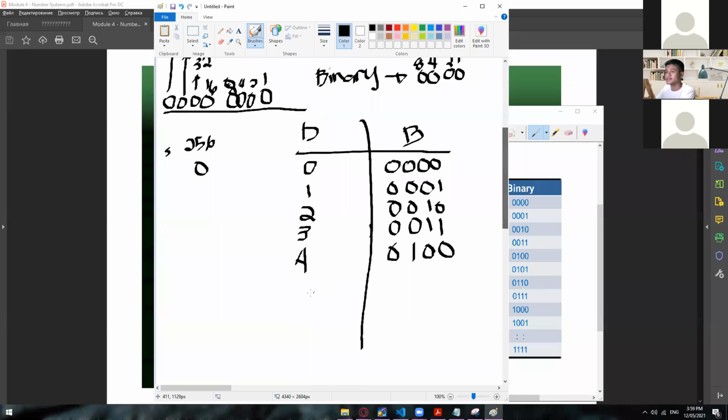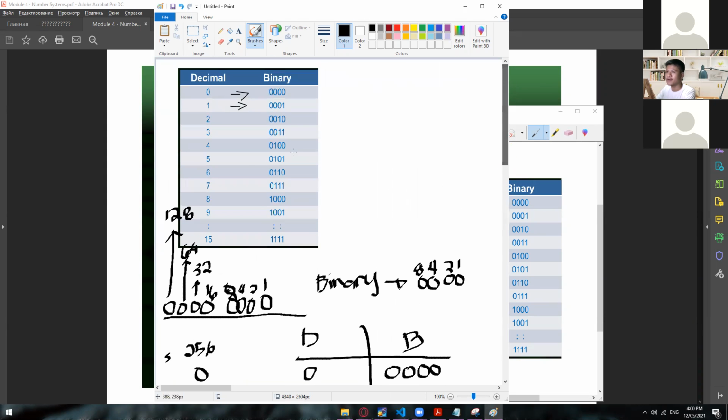So until you reach the value of 15, this one is 1111. So 8 plus 4 is 12, plus 2 is 14, plus 1 is 15, which is the same now with this one. So were you guys able to follow how we got those equivalents from decimal to binary?